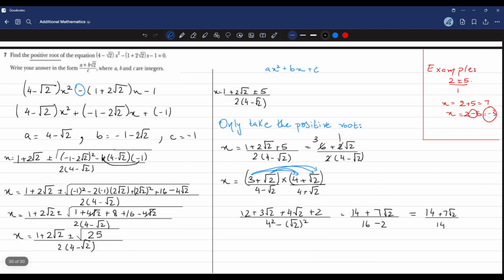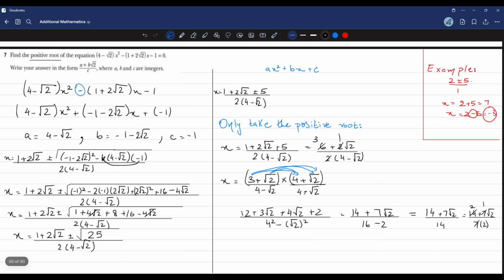If I were to simplify this, in fact, the simpler version would be we have 14 plus 7 under root 2, and if we were to break this 14 up into its factors, we would get 7 multiplied by 2. Now I can easily simplify: 7 1s are 7, 7 2s are 14, 7 1s are 7.